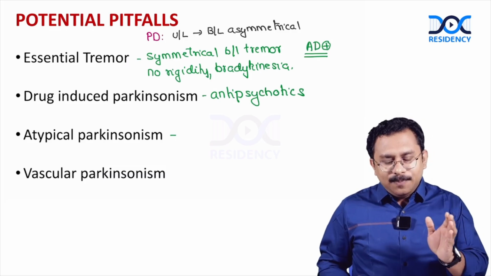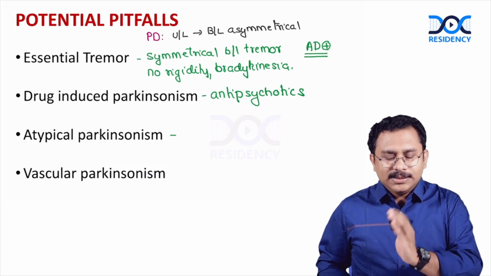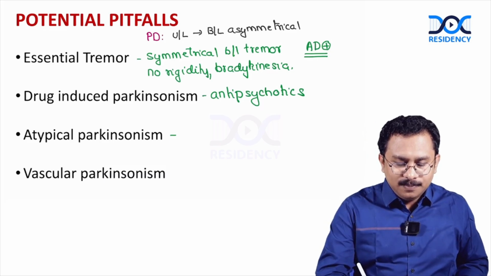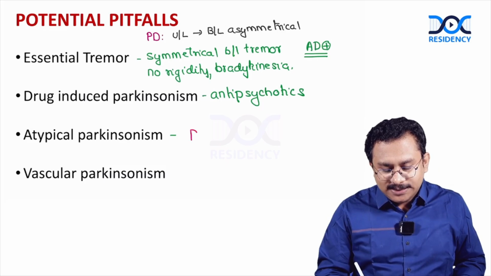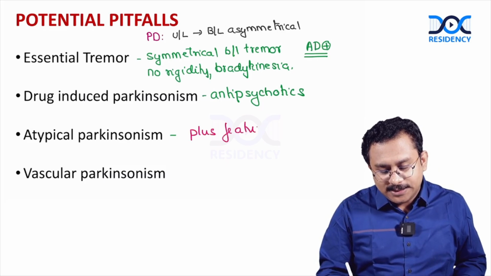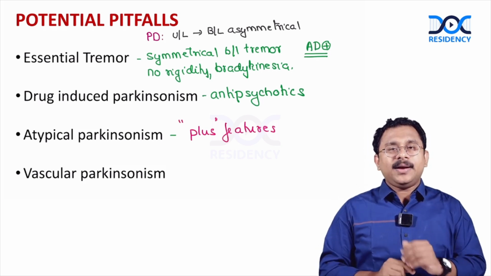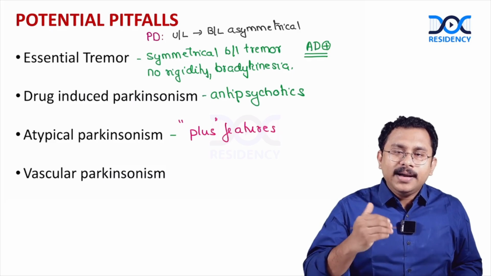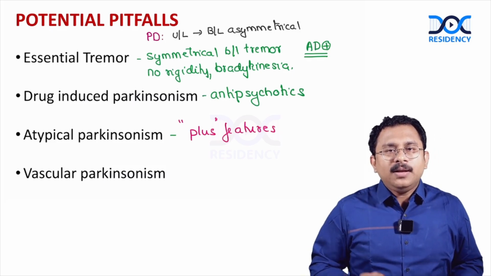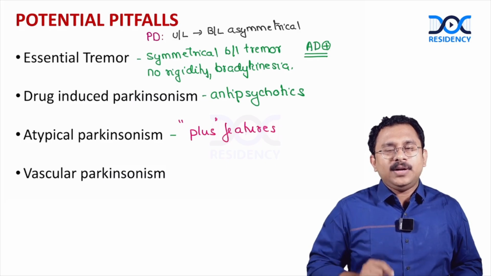So atypical Parkinsonism happens with the Parkinson plus syndromes, and it is very important to ask for the history of the plus features. The plus features are very important. So what are these plus features in atypical Parkinsonian syndromes? If the patient is having an early dementia with prominent visual hallucinations, you will think of dementia with Lewy bodies.